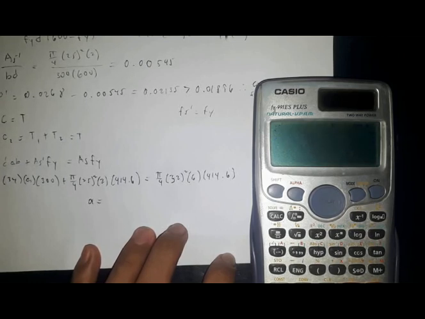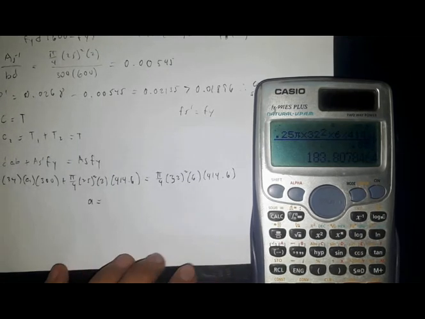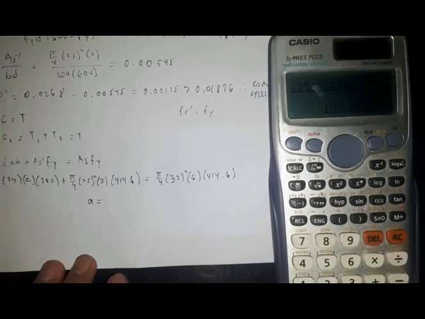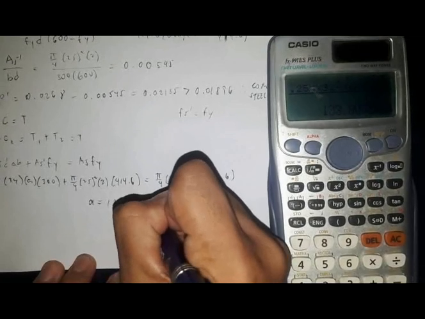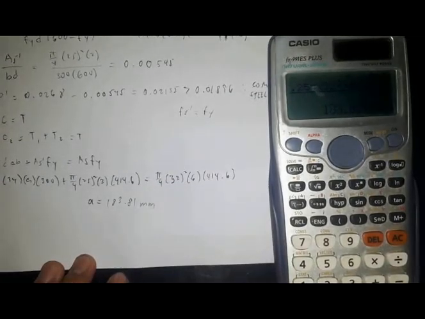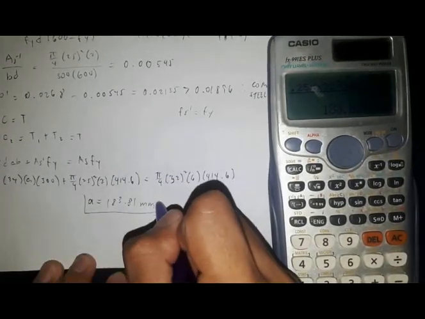So yung value ng A is equal to 183.81 mm. So that's the value of A.